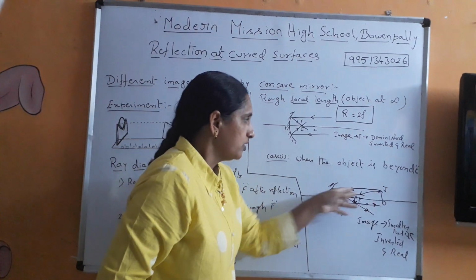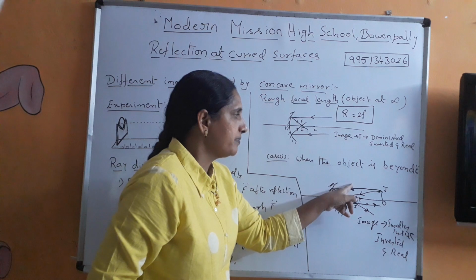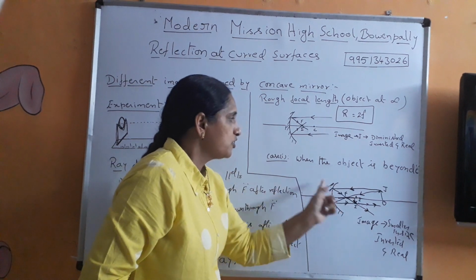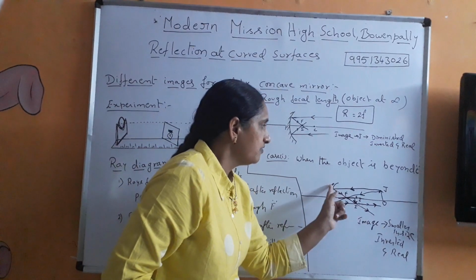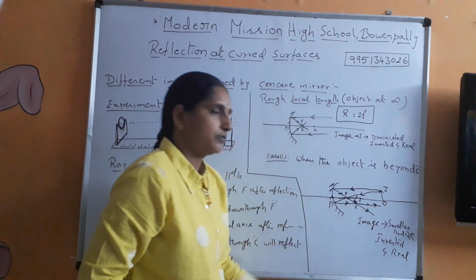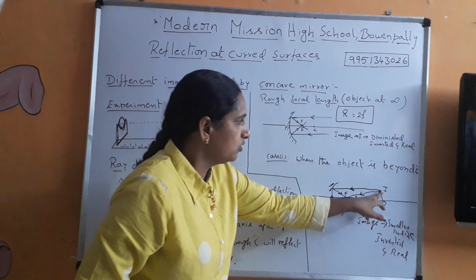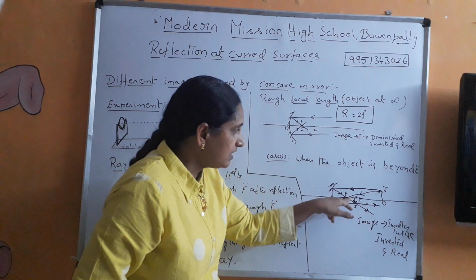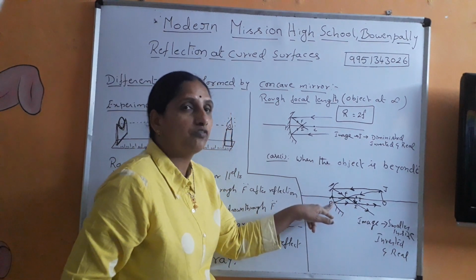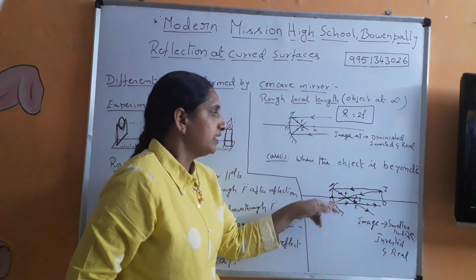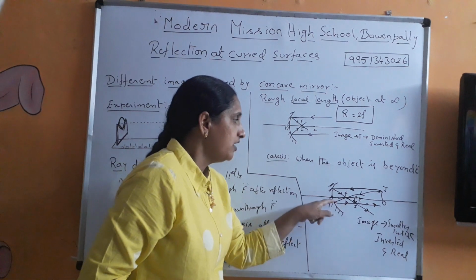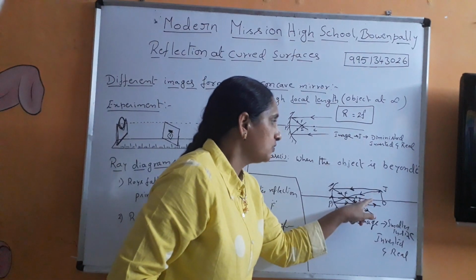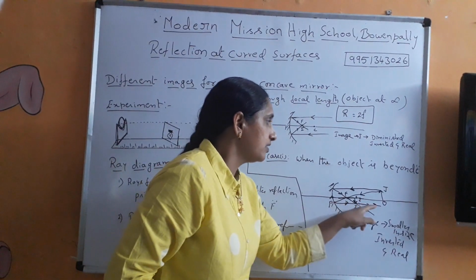First ray parallel to the principal axis, as per the rule, should pass through the focus. See, the reflected ray is passing through the focus. Second rule: when the ray is incident in the direction passing through the focus, the reflected ray should pass parallel to the principal axis. So this is the reflected ray here.